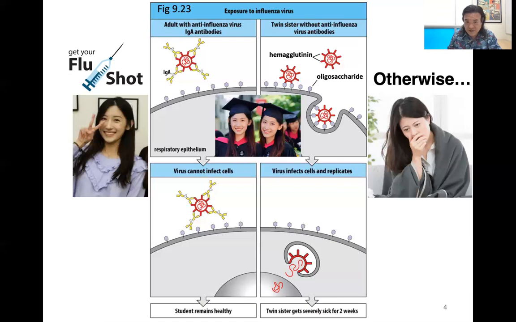So then the flu virus comes along, right? And so see over here in the vaccinated sister, in response to the vaccine, she actively acquired immunity.